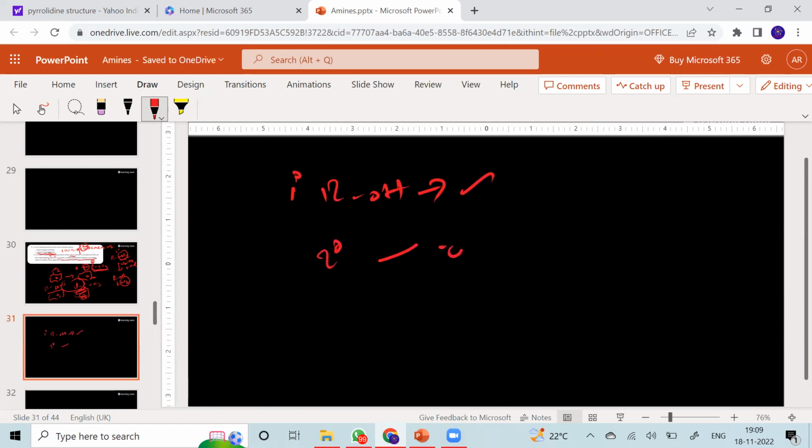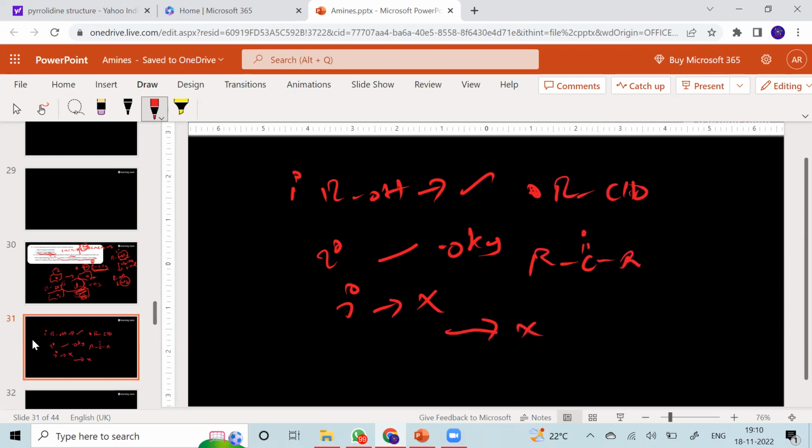Secondary is okay. Tertiary, not okay. Primary, if I oxidize, you're going to get RCHO. Secondary, if I oxidize, you'll get RCOR, and tertiary, nothing will happen. So they're talking about resistance to oxidation, that means it is tertiary. That is, it is not going to undergo any oxidation, whereas primary undergoes oxidation.